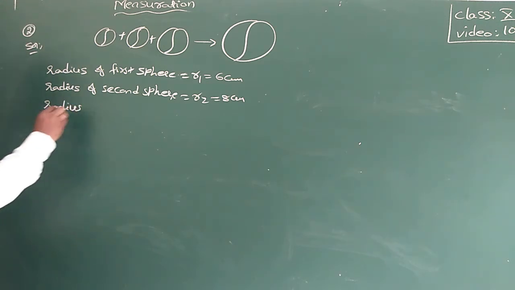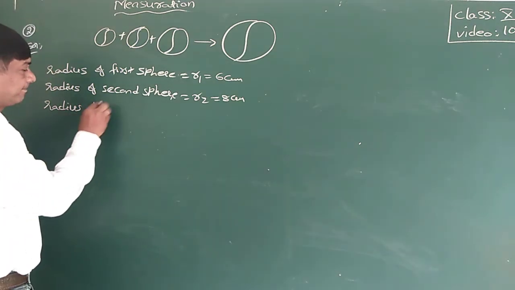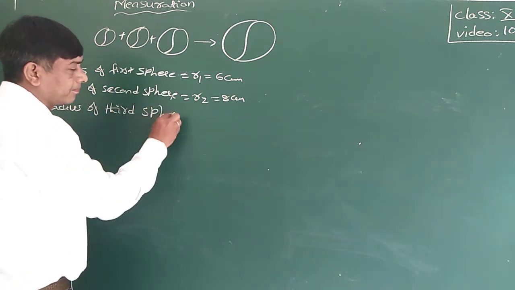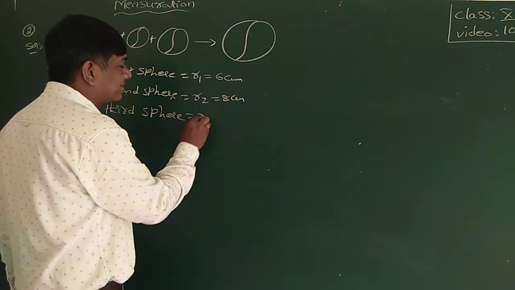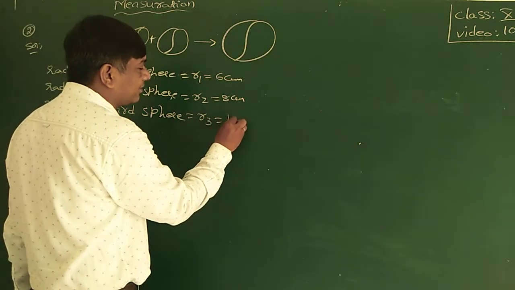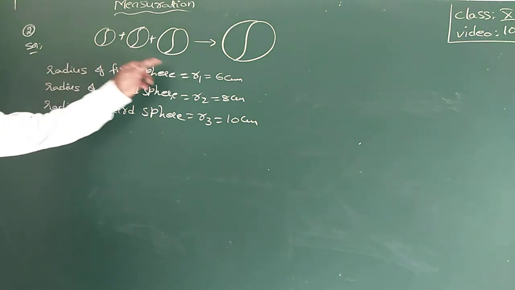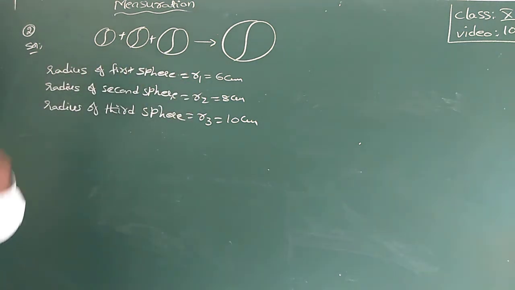Radius of the third sphere is R3, which is equal to 10 centimeters. First sphere radius 6, second sphere radius 8, third sphere radius 10 centimeters.